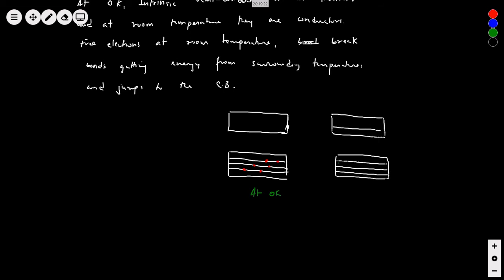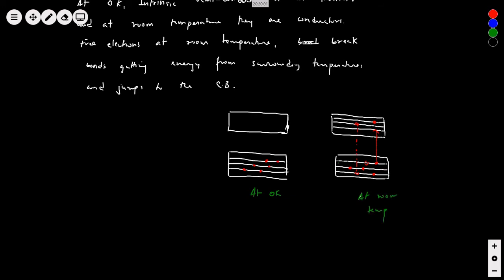So you'll see these are different levels. There is a gap, and an electron will jump from here to here. Similarly, from here, maybe someone will go to this, and so on. So they will start making the jump, that is, at room temperature.